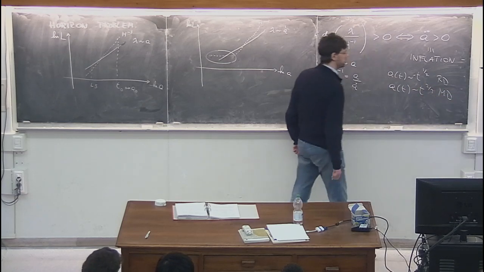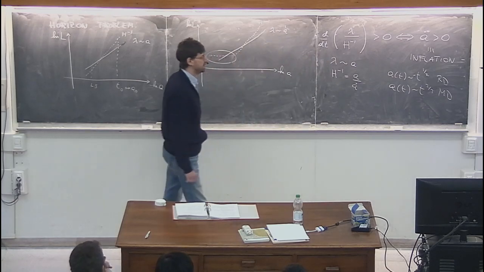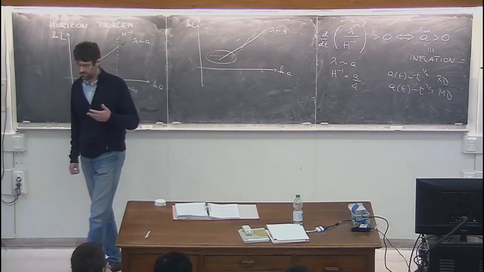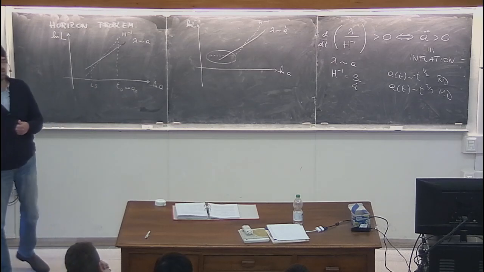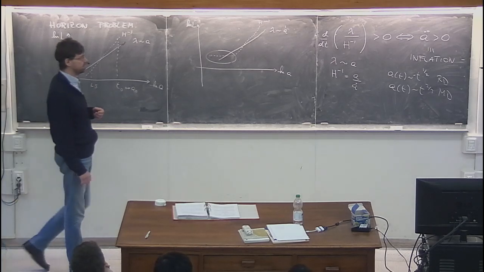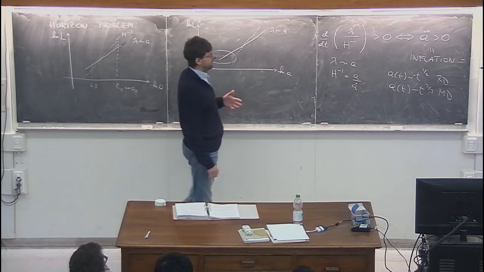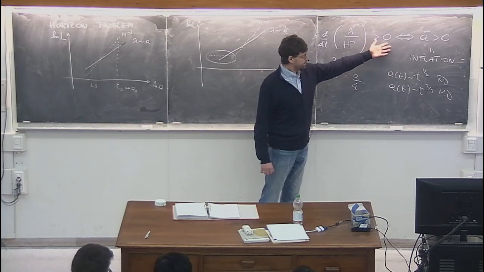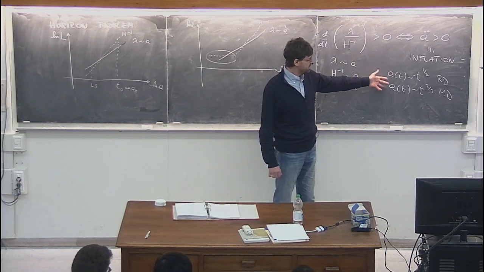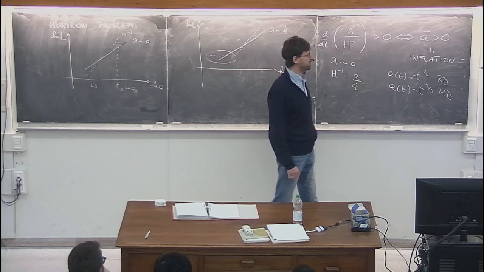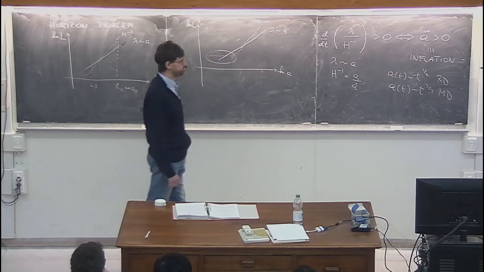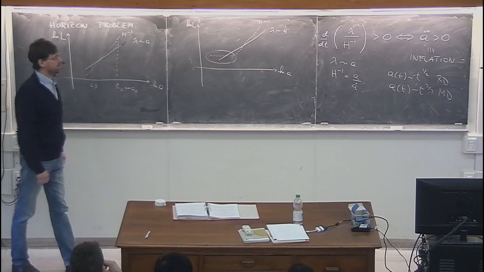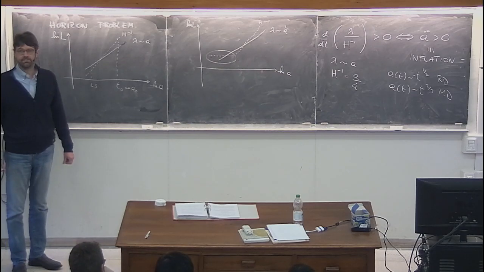And of course, if you take two derivatives of that, you get that a double dot is smaller than 0. The universe for radiation or matter domination is decelerating, not accelerating. But we are not talking about these phases, we are talking about another phase, and we call it inflation. All right? Is it clear so far?